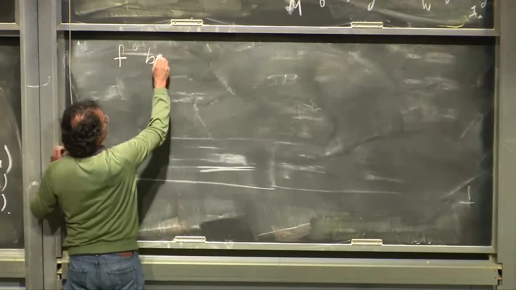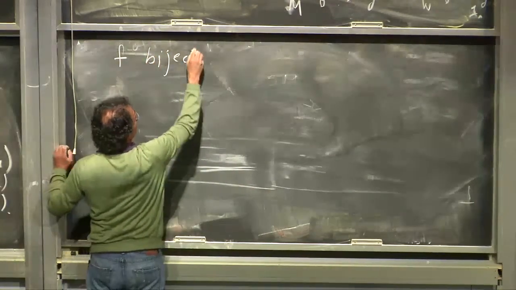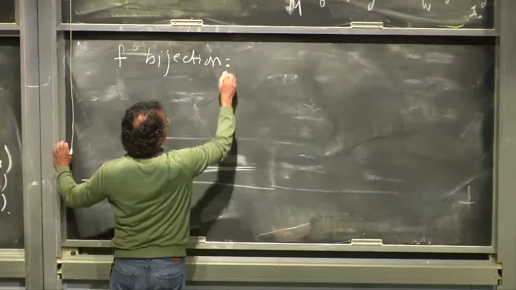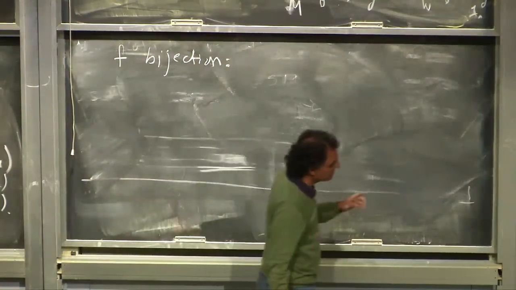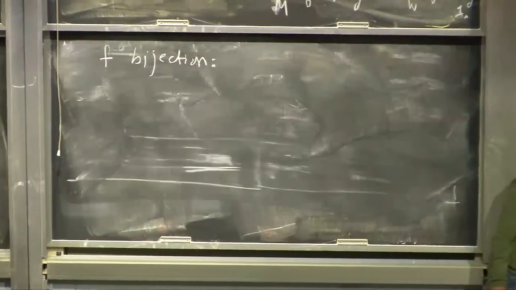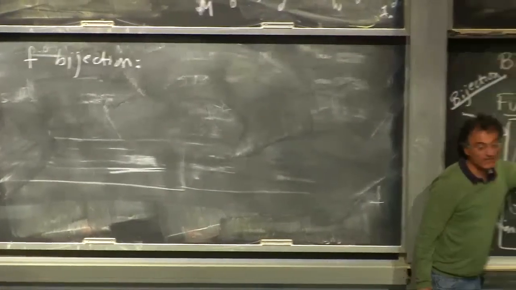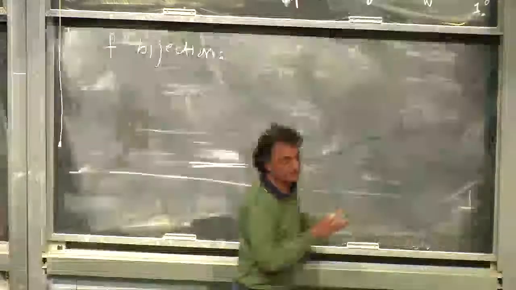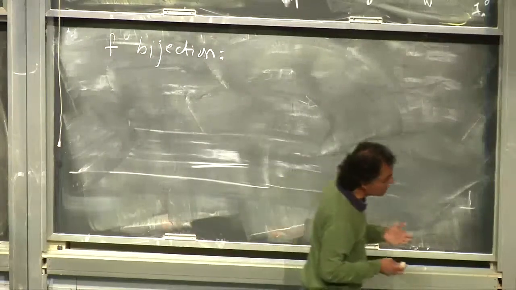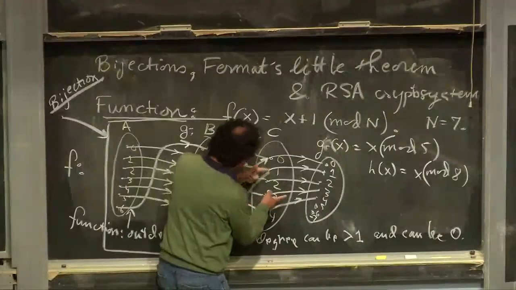F is a bijection means that the in degree on this side is 1 for every vertex. Another way of saying that is it has two properties. One, no in degree is more than 1.